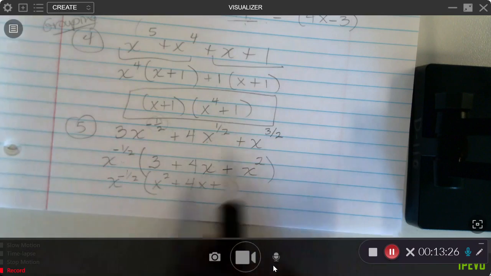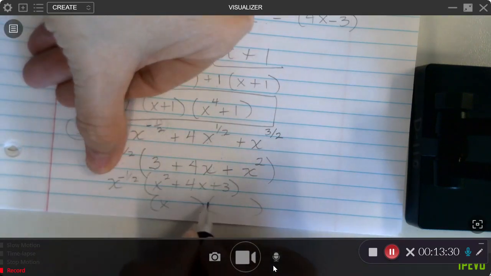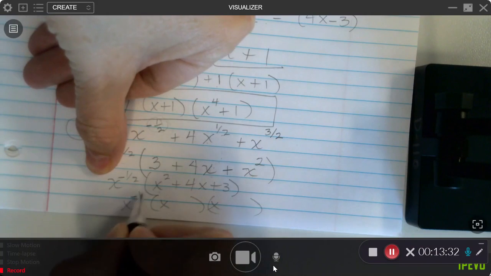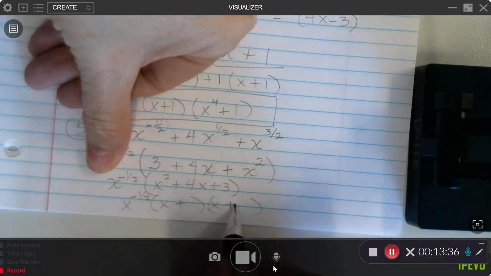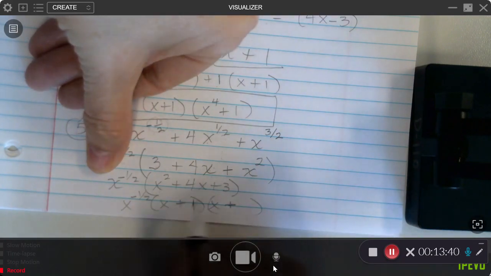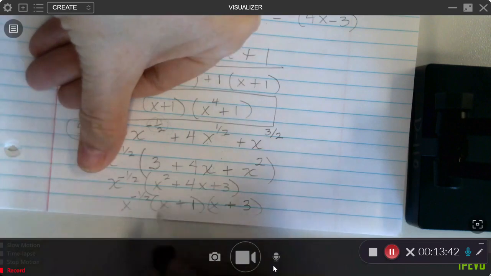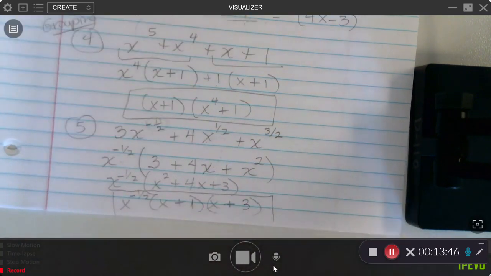So I always take the time to rearrange them. X, X, plus and plus. What are the numbers? 1 and 3. The only things that multiply to give us 3, right? And 1 plus 3 happens to be 4. So it works.